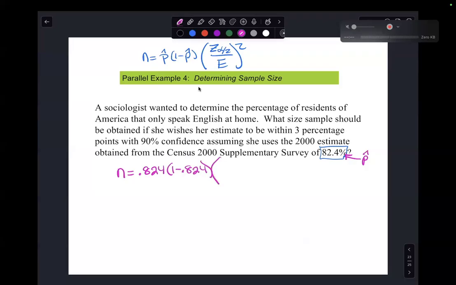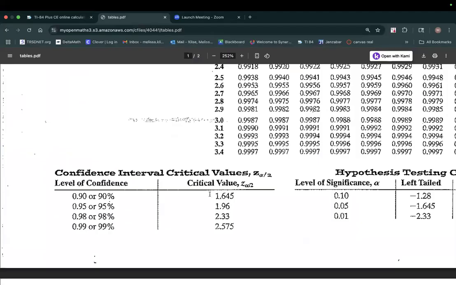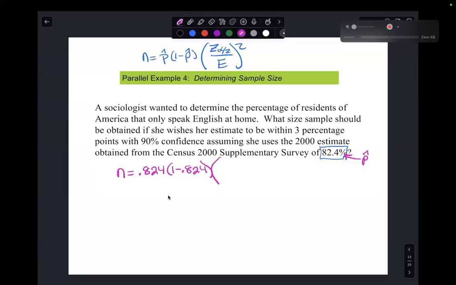I need my critical value for 90%. That's 1.645. 1.645 is my 90%, so I'm going to use that. Margin of error is 3 percentage points, 0.03. Do not forget to put it into a decimal. If you're careful with your parentheses, you can put this entire thing into your calculator.